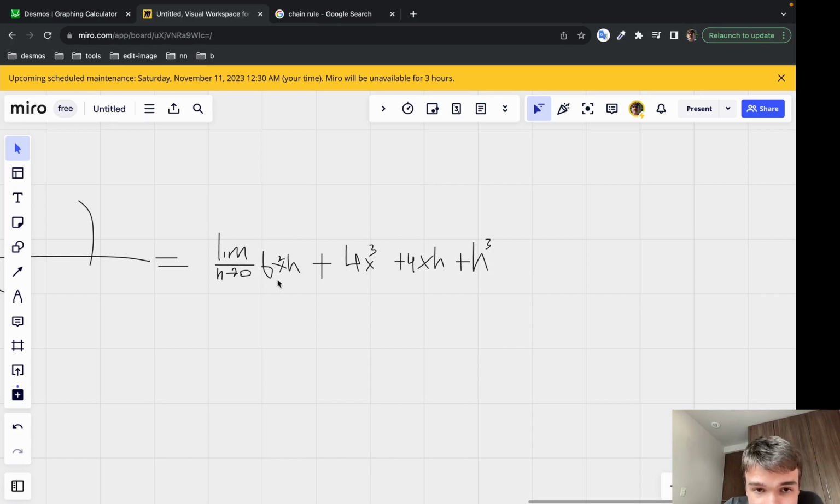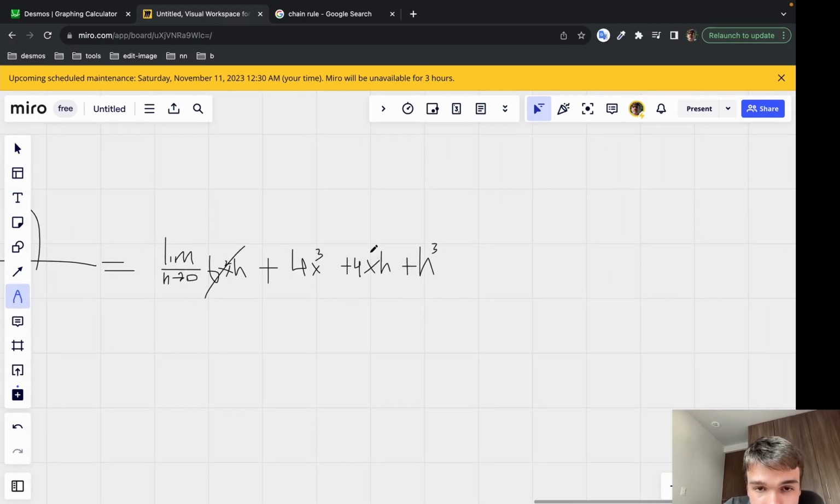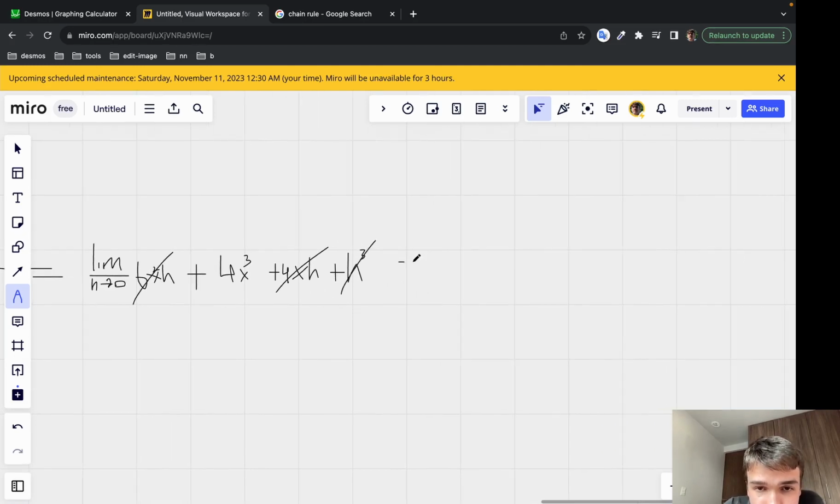It is going to result in 0 or just nothing. So we can delete this part or cancel it. I mean, this part just vanishes because of the 0. So this part vanishes because of the h. What about this? This part vanishes because of the h, and this part vanishes just because it's h. And what we get at the end, and limit we don't need anymore because we don't have an h.